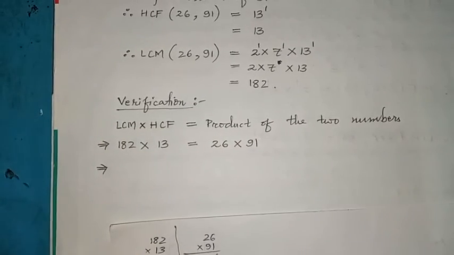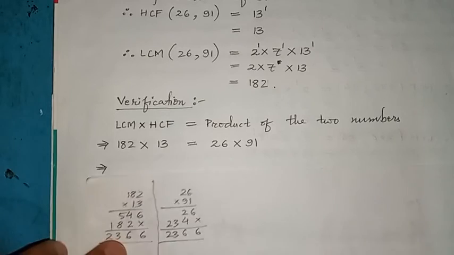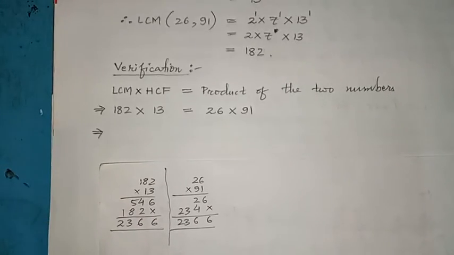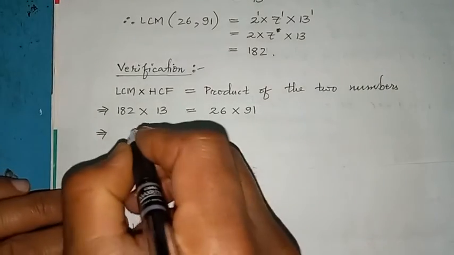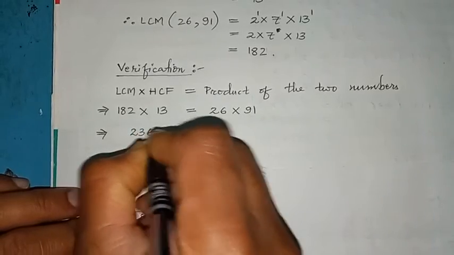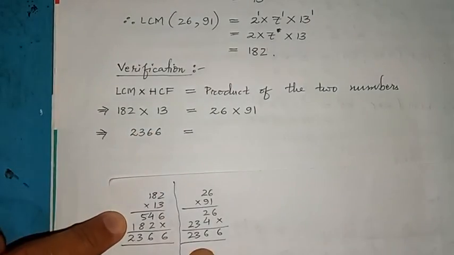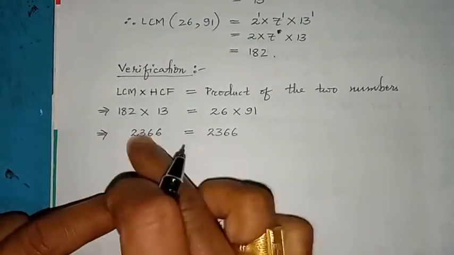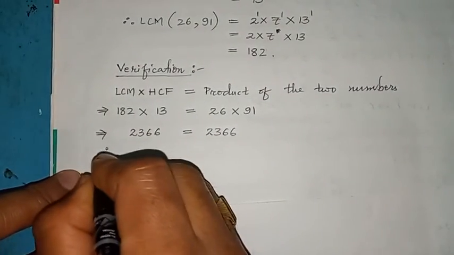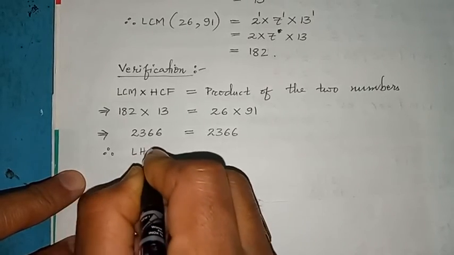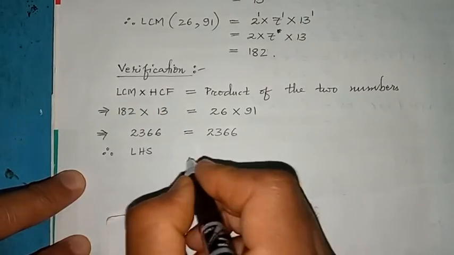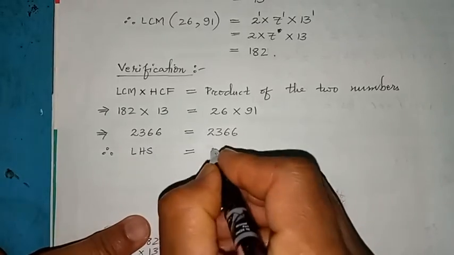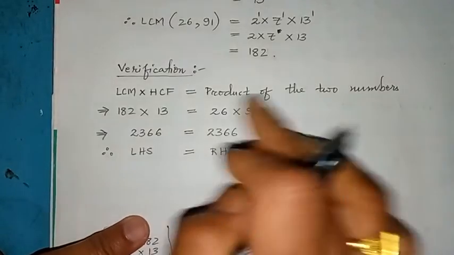So let's put the value here. The product of HCF and LCM, what we got? We got 2366. And the product of the two given numbers is also 2366. Since we got the same, we finally conclude that the left hand side, the product of HCF and LCM, is equal to the right hand side, the product of the two given numbers.